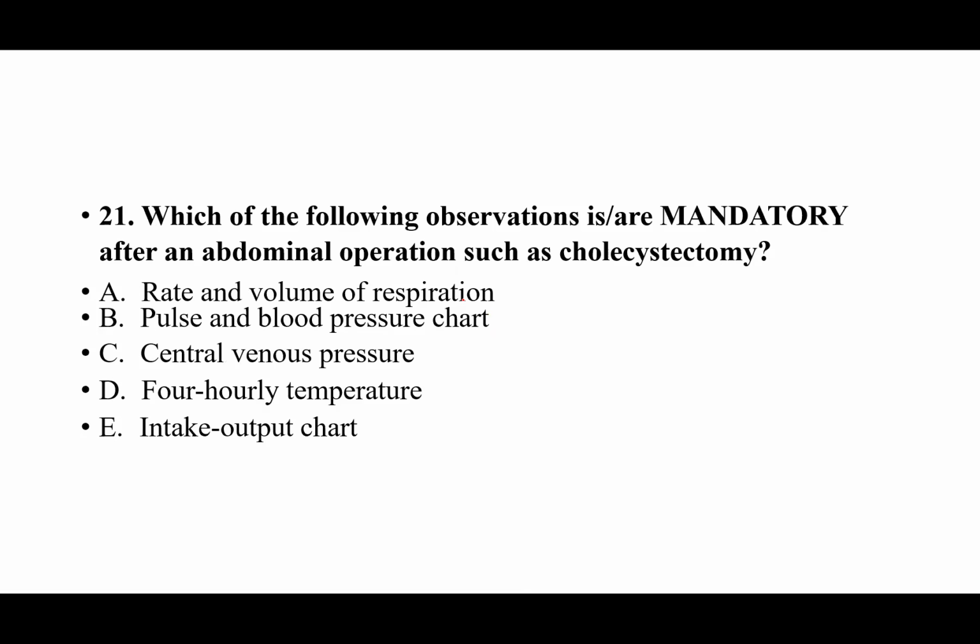Which of the following observations is or are mandatory after an abdominal operation, such as cholecystectomy? A, rate and volume of respiration. B, pulse and blood pressure chart. C, central venous pressure. D, 4-hourly temperature. E, intake output charts.